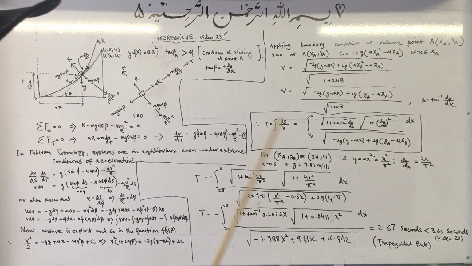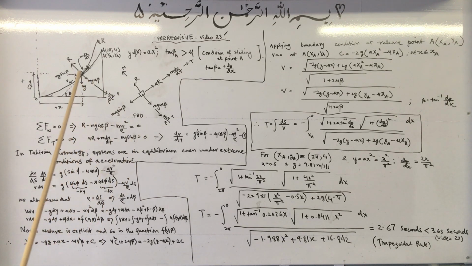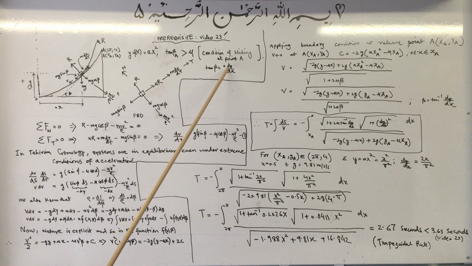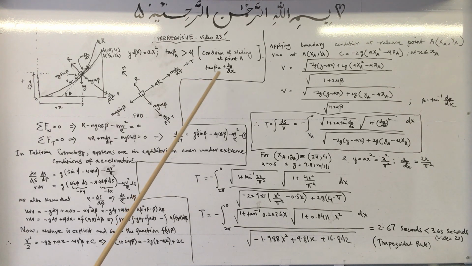Those of you who want to run the same experiment on the other side of the parabola should use tan beta is equal to minus dy by dx. Why? Because this angle beta is the same as this angle beta. This angle is not beta, it's minus beta, because this one is plus beta according to the rules. So this angle is minus beta, this angle is the same as this angle minus beta. So tan beta would become minus dy by dx, because tan minus beta is equal to minus tan beta.